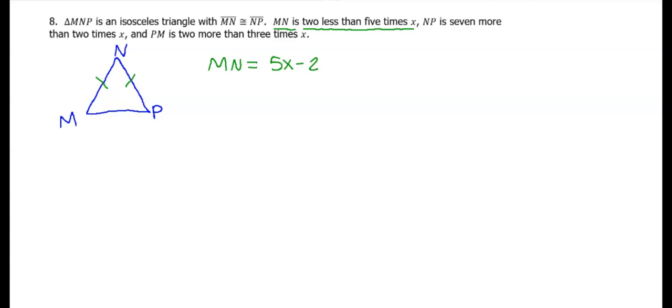Then it says NP is 7 more than 2 times X. So I'm going to say NP equals 2x plus 7. So making some algebra there. And then finally, PM is going to be 2 more than 3 times X.